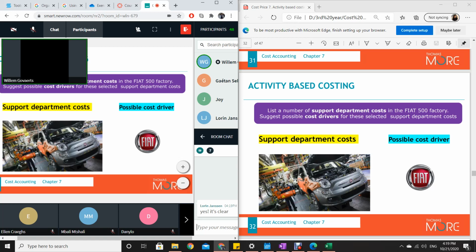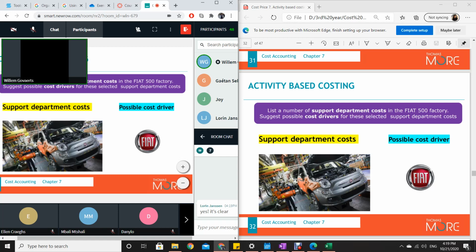Okay, so first of all, I would like to explain a little bit. So this is what a cost driver means. You have, in a Fiat 500 factory, a lot of departments.